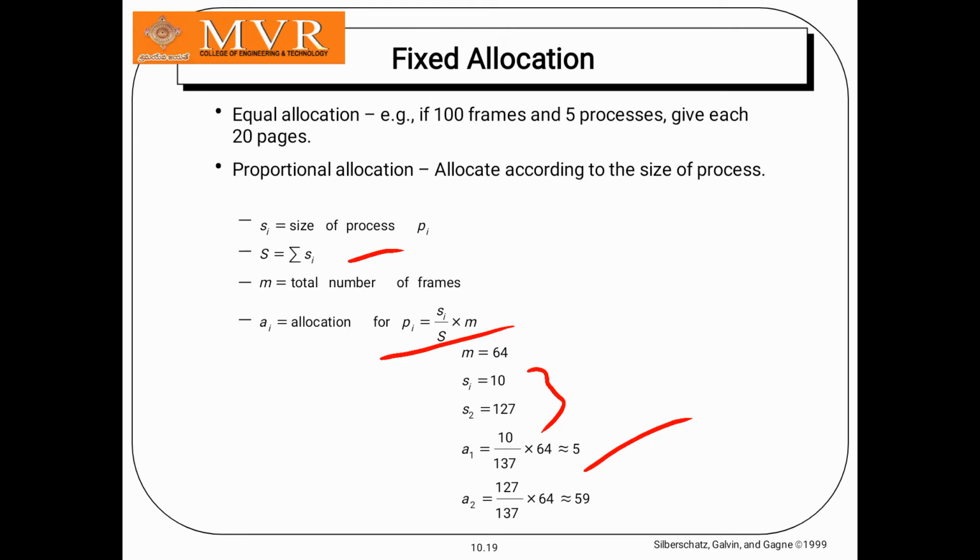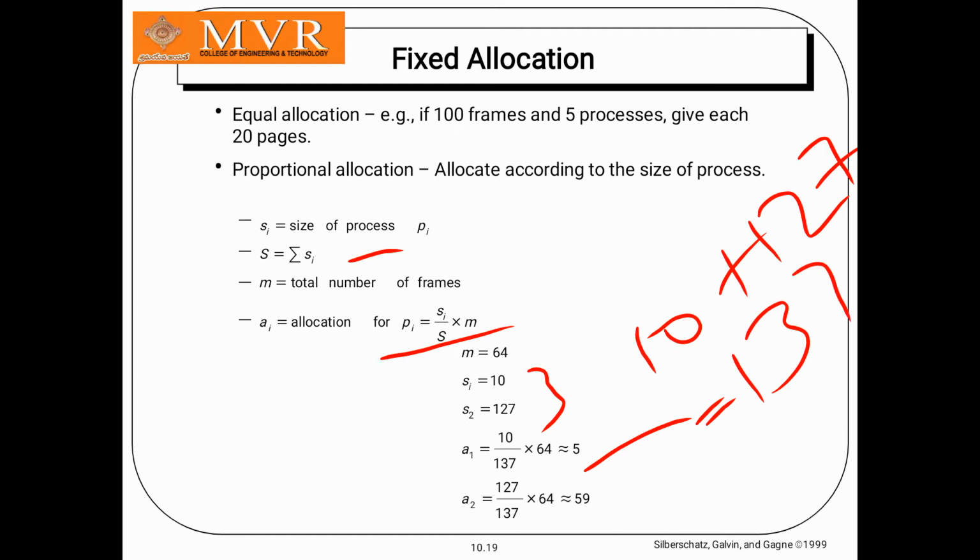So 10 plus 127 equals 137. So a1 is 10 by 137 into M, where M is 64. The answer is about 5.